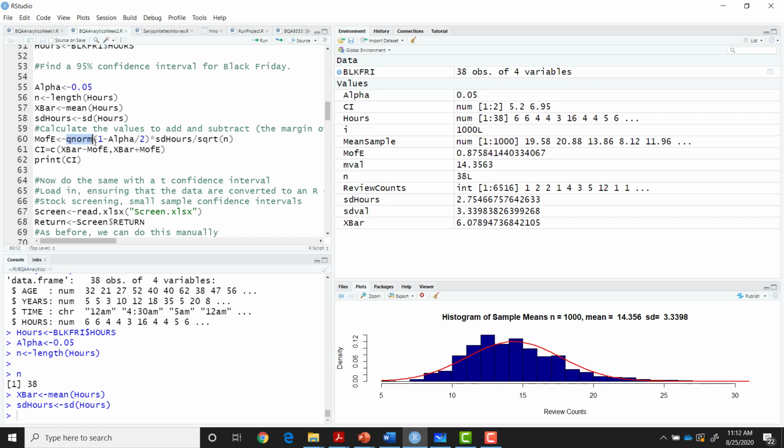Now for the margin of error, we used the d-norm function before. Here we're going to use the q-norm function. I'm not going to ask you for this in any of the homeworks. We're just going to use the standard functions.